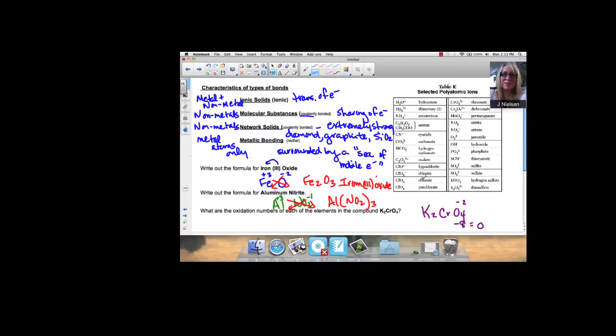Potassium from the periodic table can only be +1, and I have 2 of them, so that's a net +2. So what number is going to equal 0 here? I have -8 and +2, so this would have to be +6. +6 and +2 is +8, and -8 is 0. So +6 for the chromium.